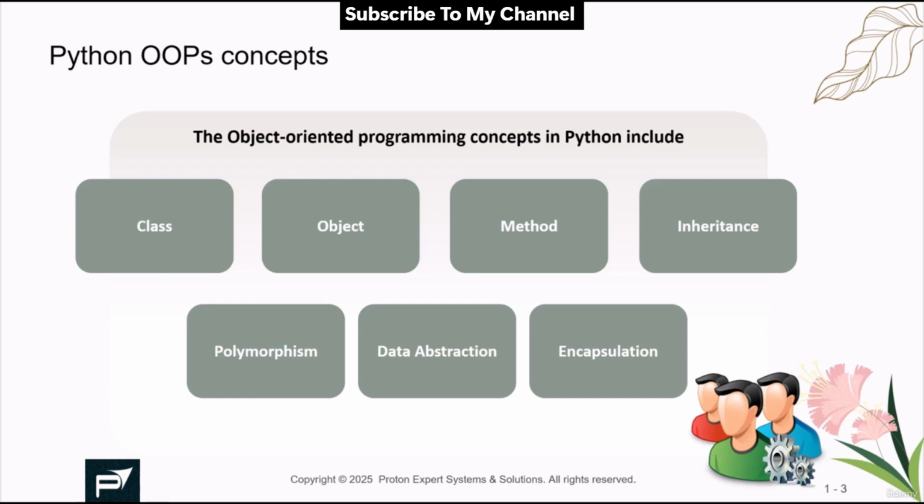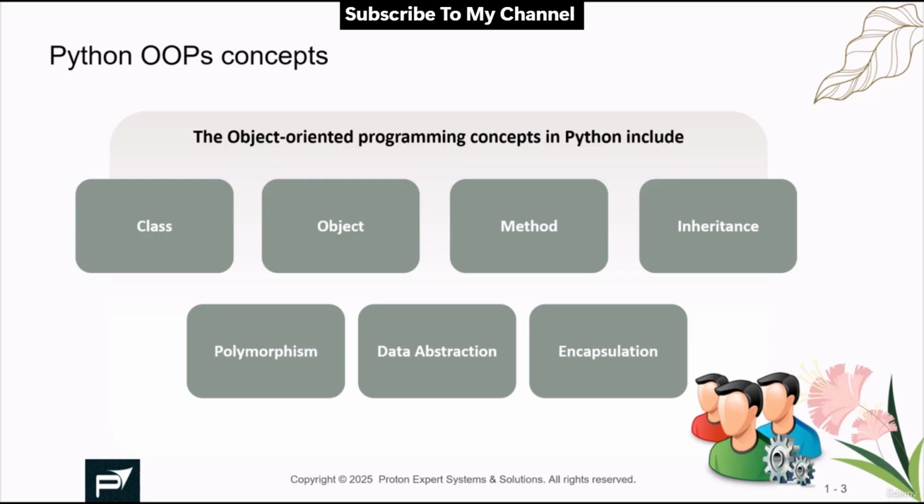The types of inheritance are single inheritance, multi-level inheritance, hierarchical inheritance, and multiple inheritance. Polymorphism. Polymorphism is a property of an object which allows it to take multiple forms. The two types of polymorphism are compile time polymorphism and runtime polymorphism.